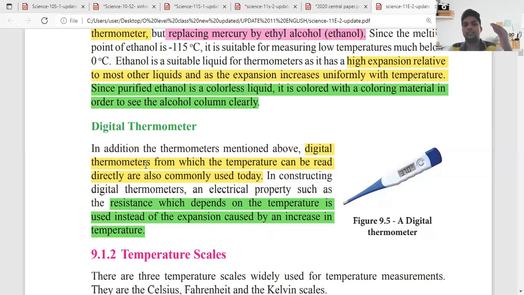Let's see, write down digital thermometers.